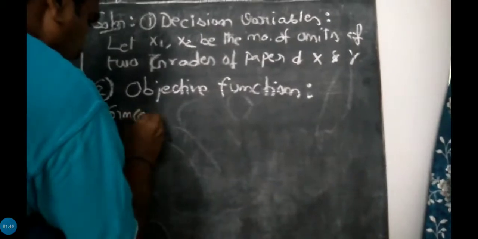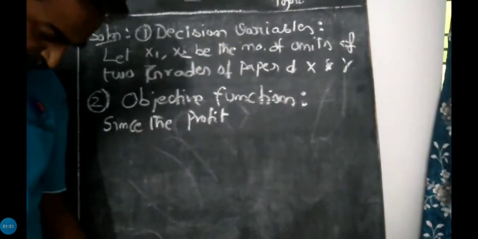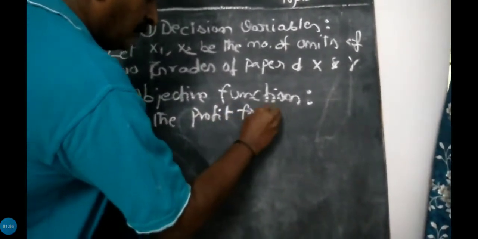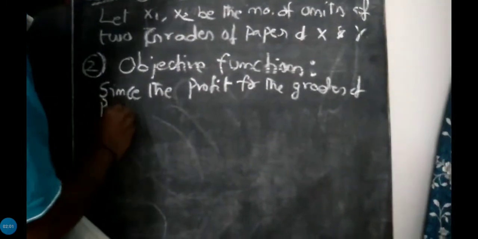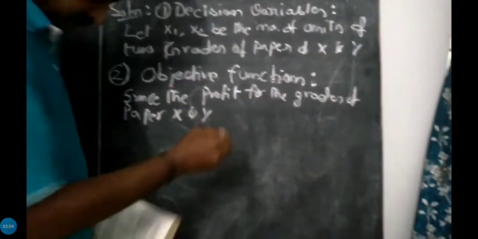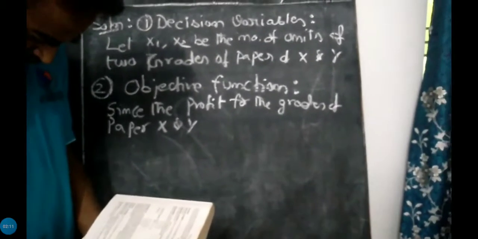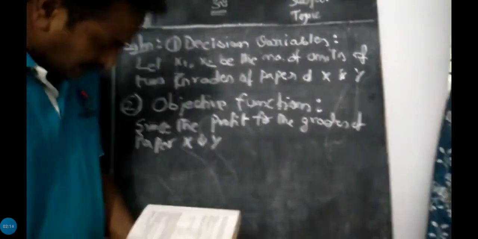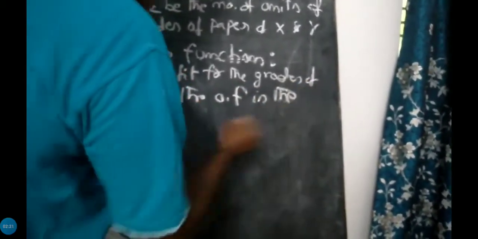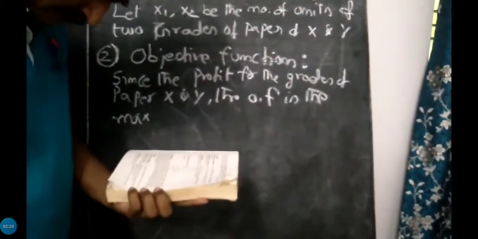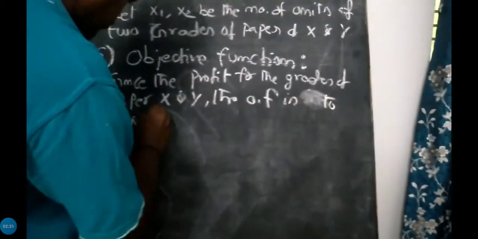Since the profit for the grades of paper X and Y, the objective function is to maximize the profit.